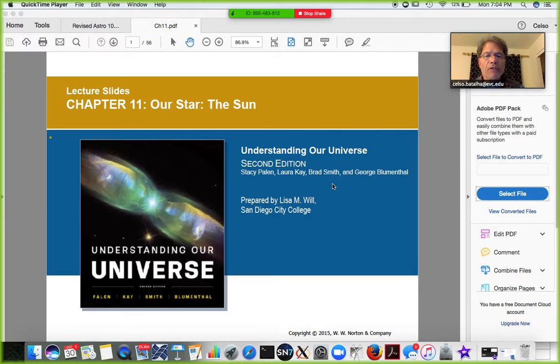And the point of this chapter is to open up the sun, to show what are the main regions in the sun's atmosphere, which is the outermost region of the sun, and also what are the main regions in the interior part of the sun.